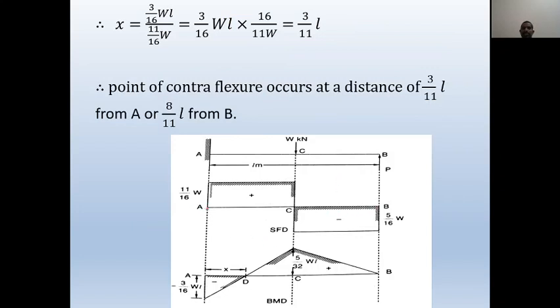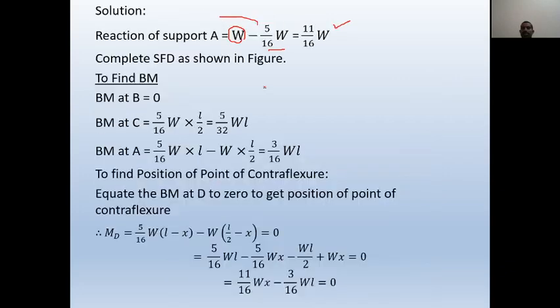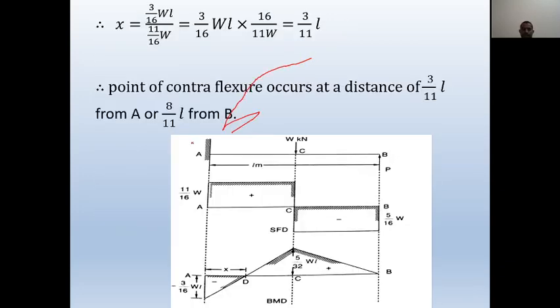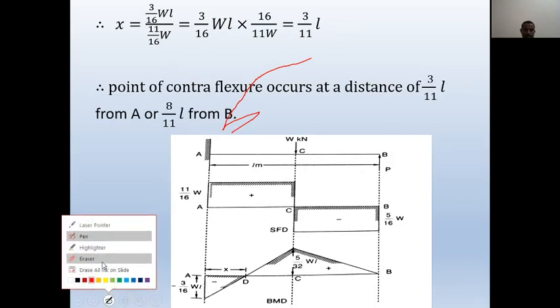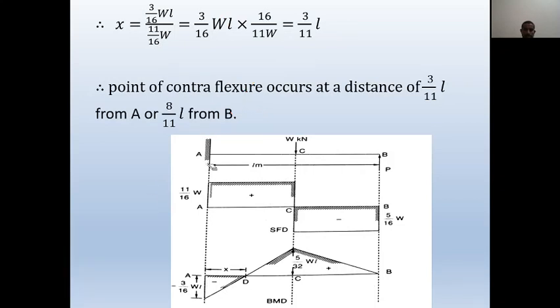We'll start from here, with upward reaction 11 by 16 W. From here we have no load, therefore it is constant up to here, and there we have a direct load of W. So 11 by 16 W minus W will give you minus 5 by 16 W at this particular point.